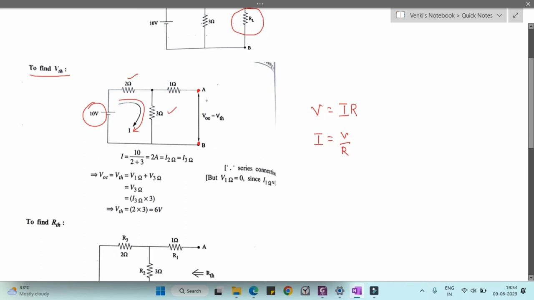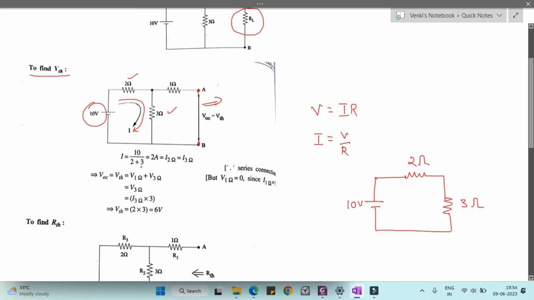Generally, if you see the equivalent resistance for this circuit when A and B are open circuit, the circuit will look like this: a voltage source in series with two resistors. So the equivalent resistance is the summation of 2 ohms plus 3 ohms.